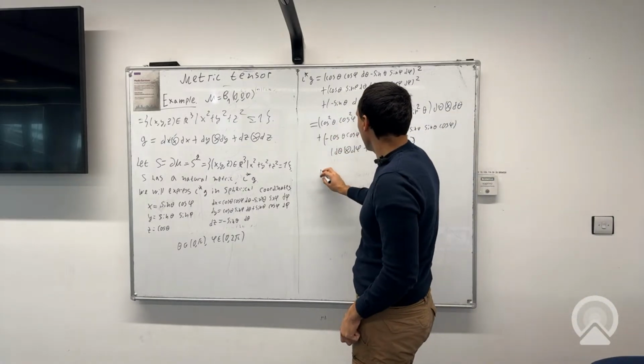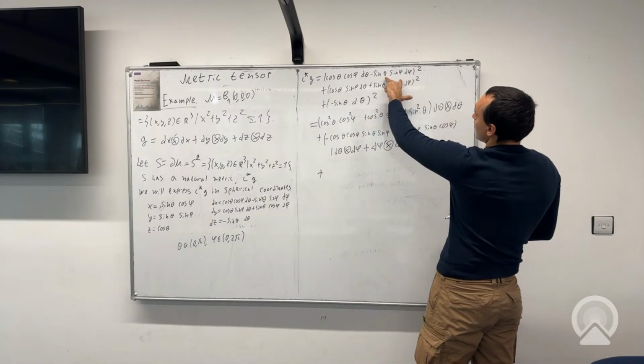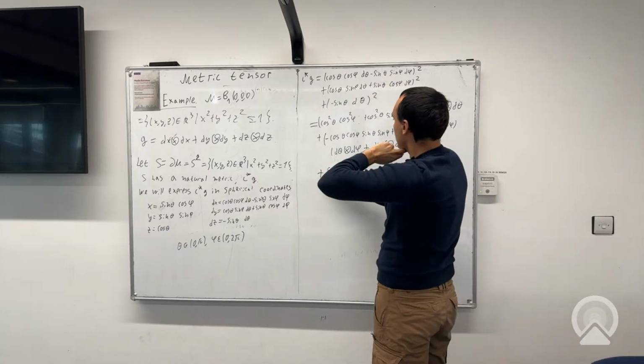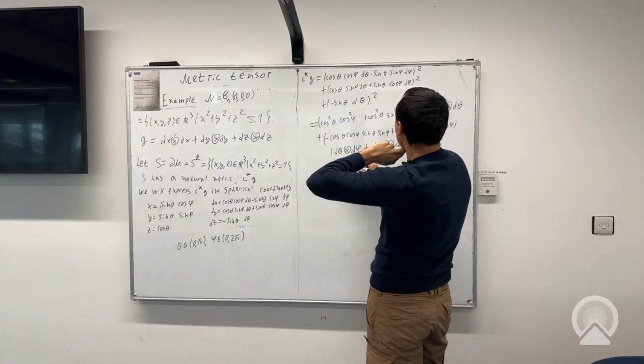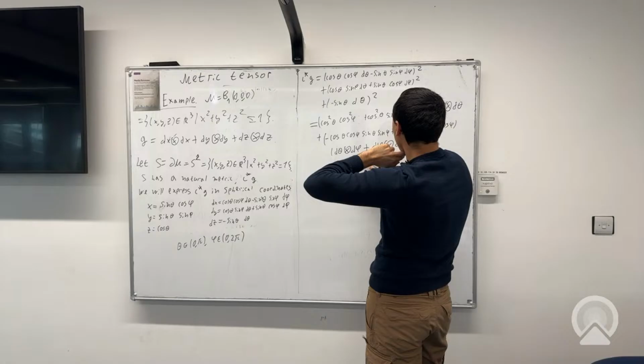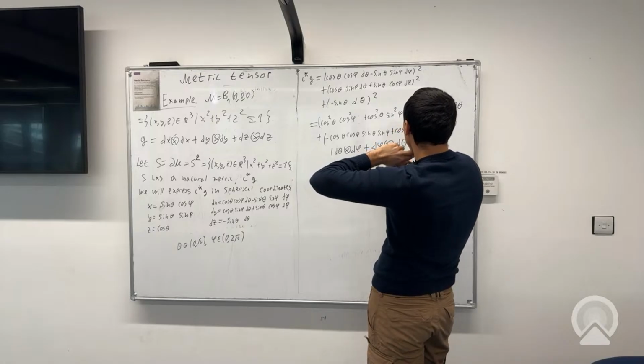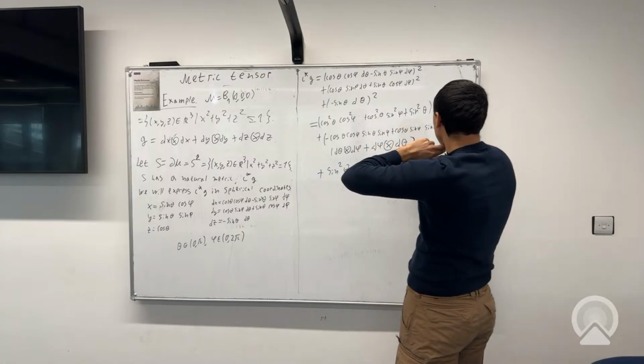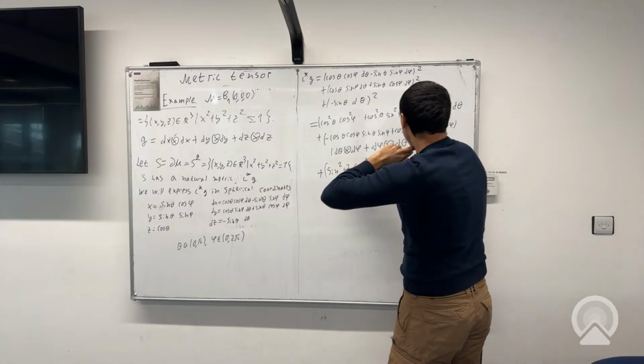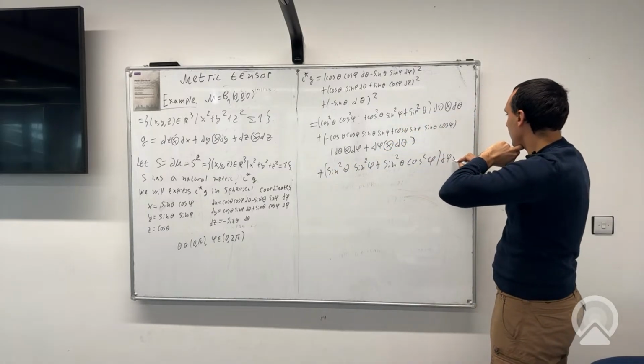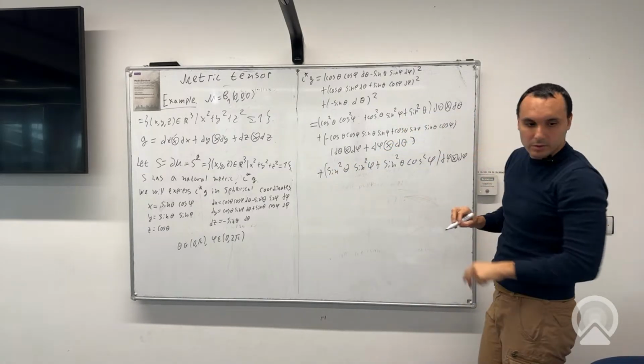And the final term will be with respect to the phi, so I will have sine squared theta sine squared phi plus sine squared theta cosine squared phi, and I will have the phi with the phi.